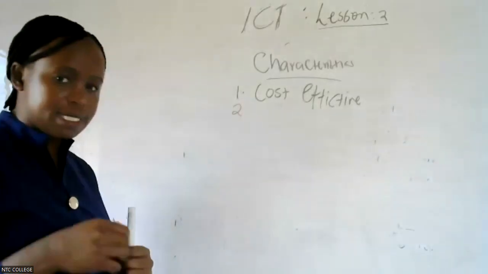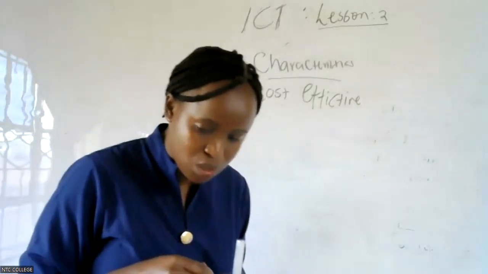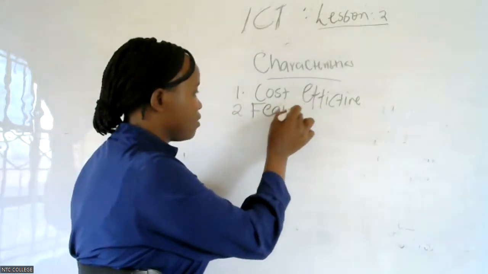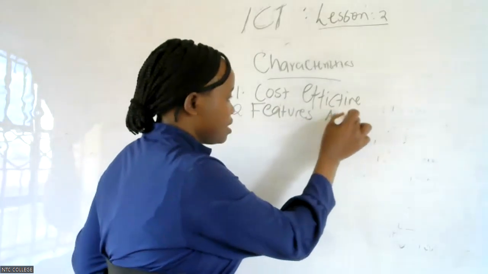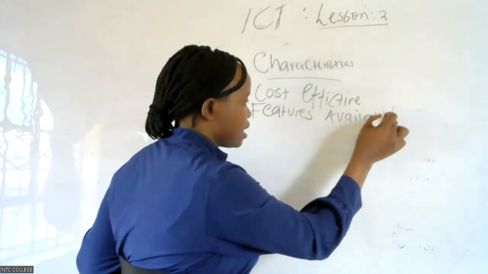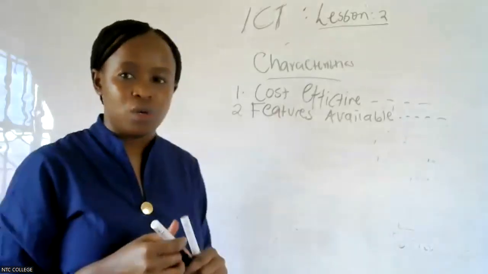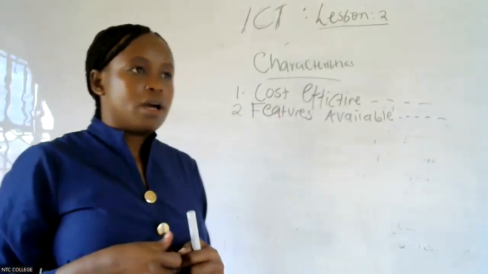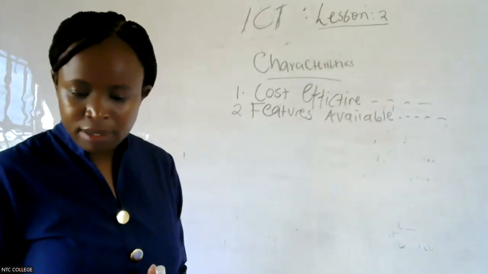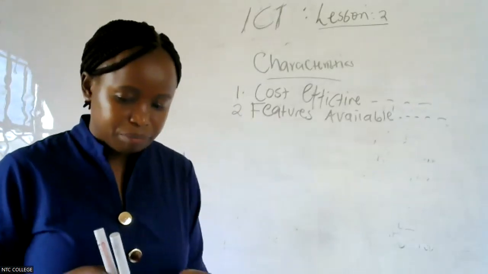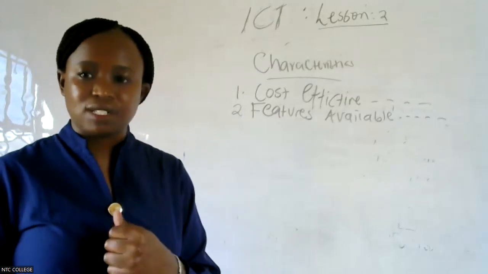Number two, in terms of a software, we also need to consider what are the available features. Features available. I'm only noting the keyword. The features are from the many considerations of that software.